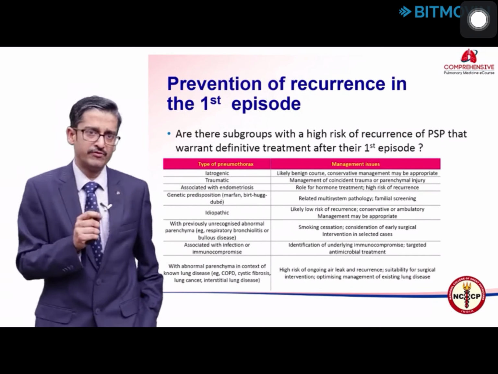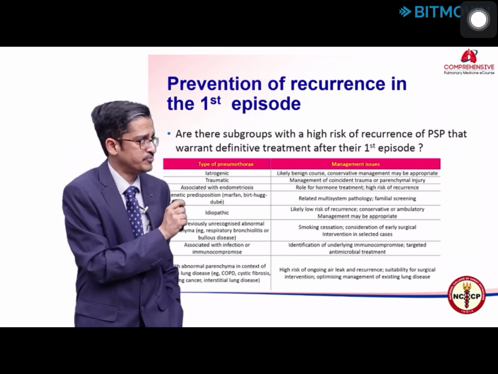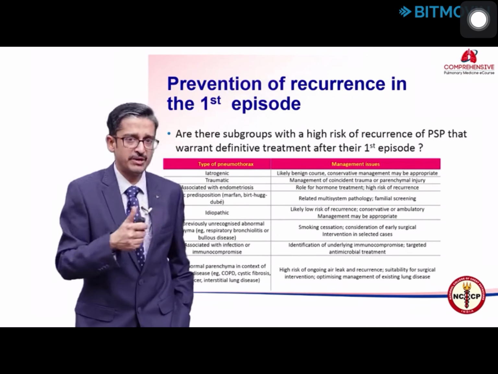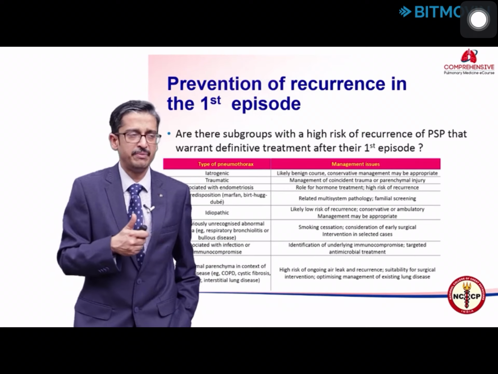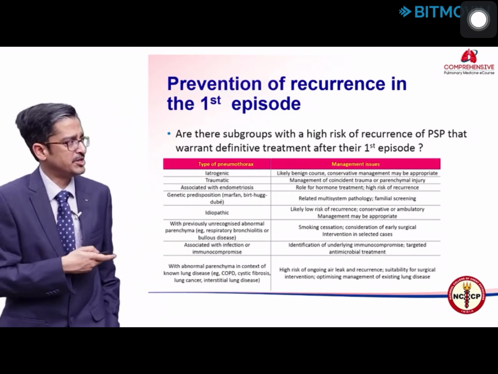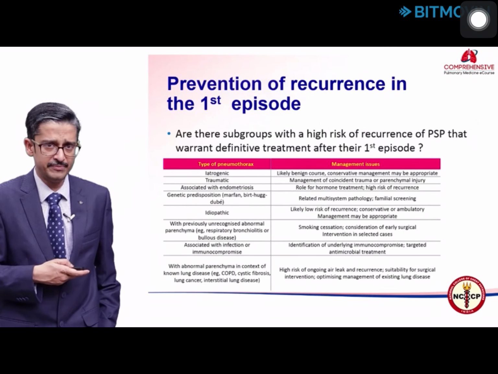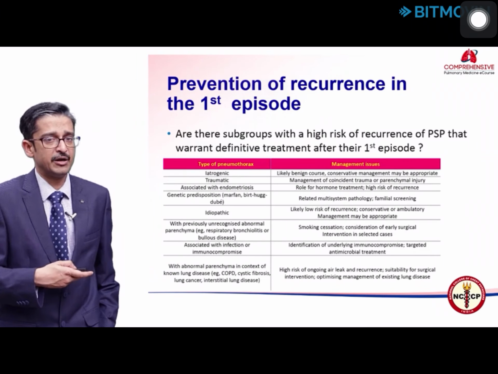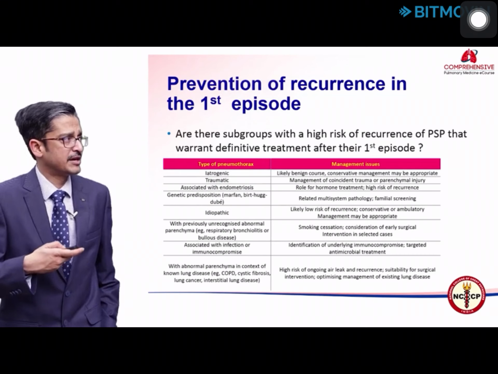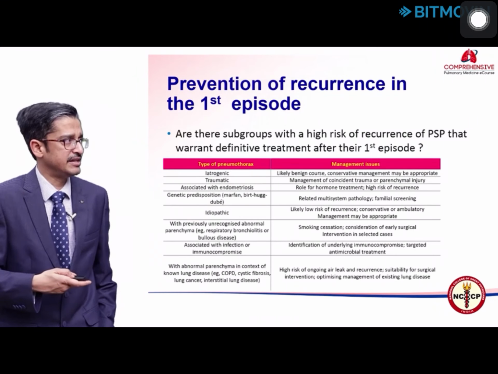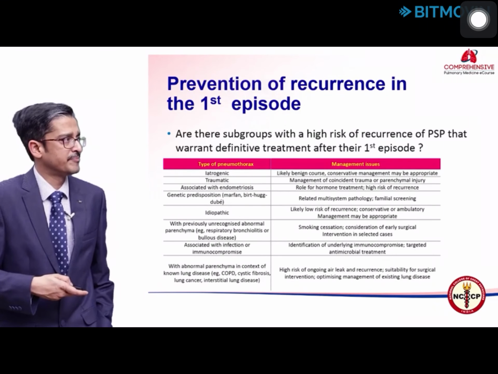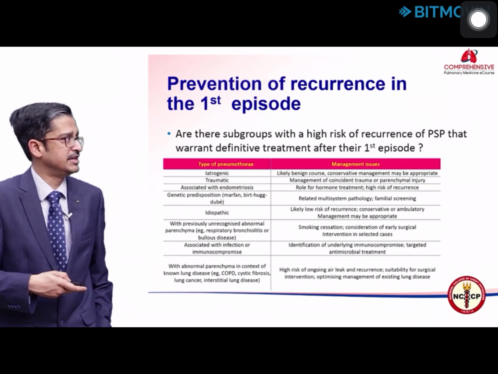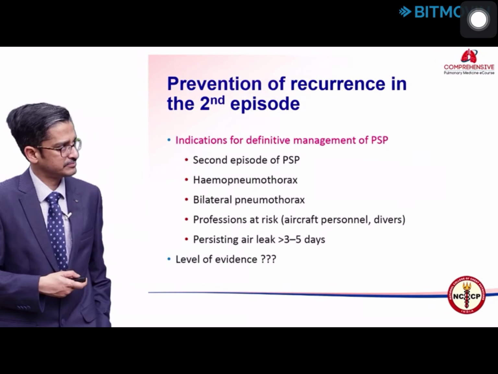What we do know, however, is that in these three groups, the ones in yellow, so patients with genetic predisposition, patients who've got endometriosis, and patients who've got abnormal lung parenchyma due to underlying lung disease, are groups where stepping in early and putting in a chest drain is actually going to help, and pleurodesing these patients early would also help.